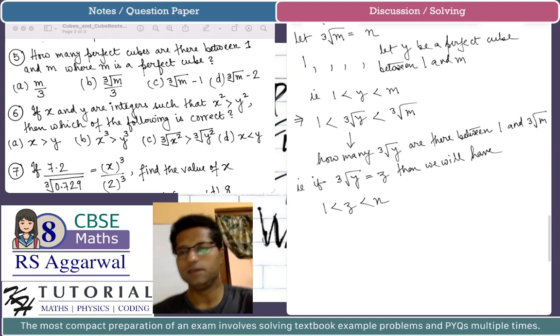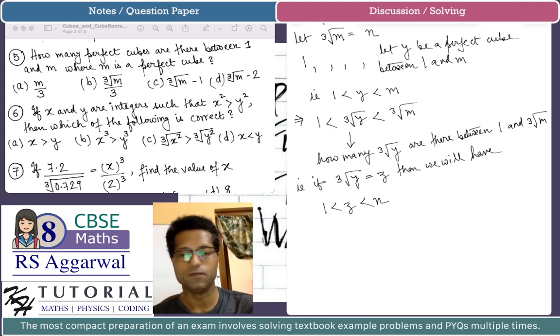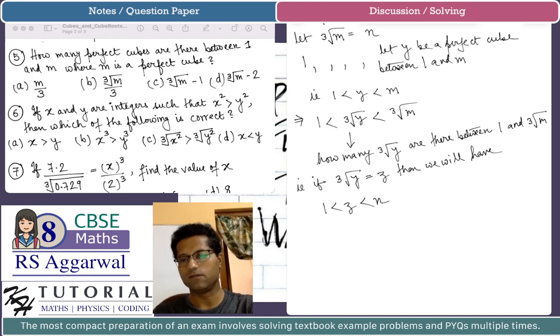So now the question is how many natural numbers you can find between 1 and n. That is the number of z that will lie between 1 and n, where n cube is equal to m, and obviously z cube is equal to y.